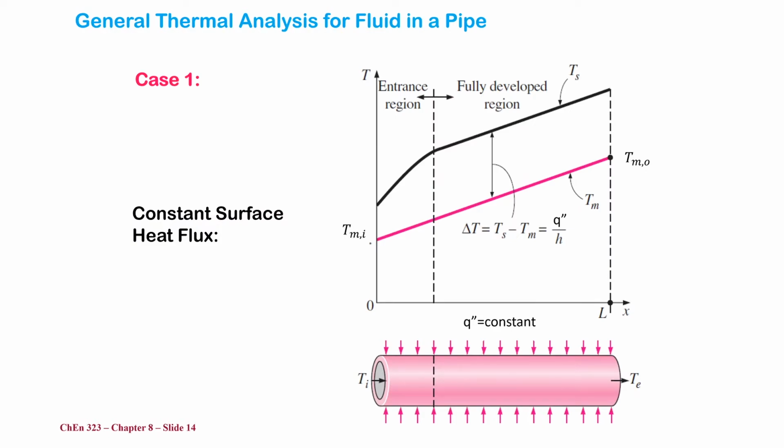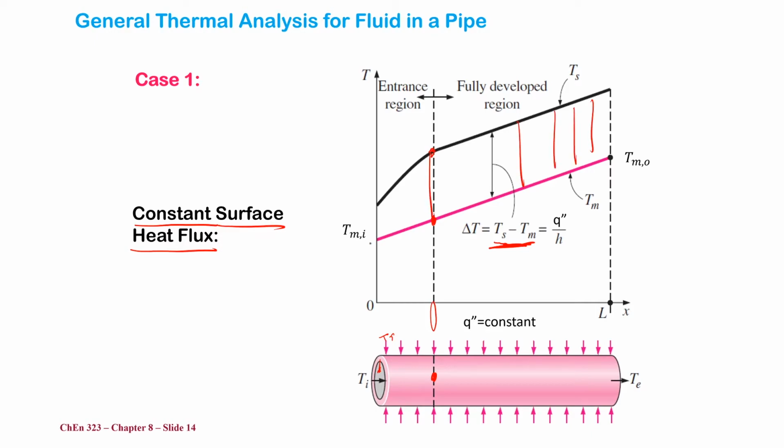Let's say we have two cases. In case 1, we have constant surface flux. That means Ts minus Tm is the same. After you reach the fully developed region, the difference between the surface temperature of the pipe and the fluid temperature is always the same.